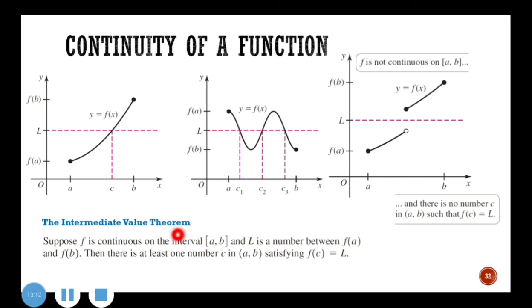This one I think lah, it's just a theorem, mention that suppose f is continuous on the interval [a, b], maknanya continuous from the right of A and from the left of B, and L is a number between FA and FB, then there is at least a number C in (a, b) satisfying FC equals to L. Okay, FC equals to L maksudnya dalam within this domain ni adalah function yang C ni adalah value of X di dalam domain A, B ni ada value of C.